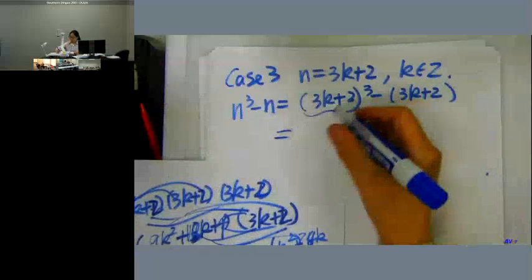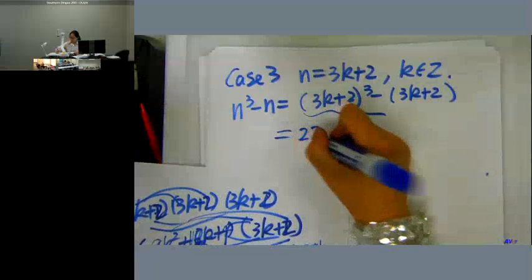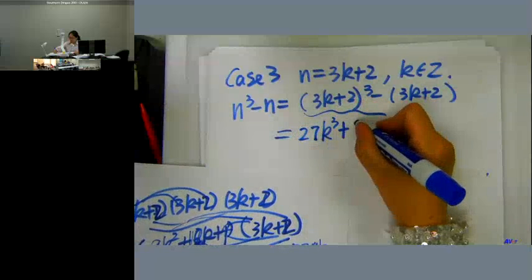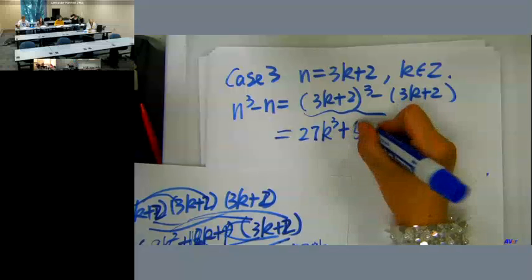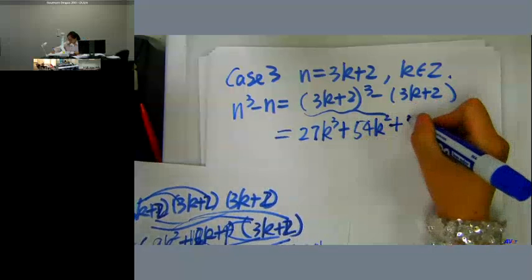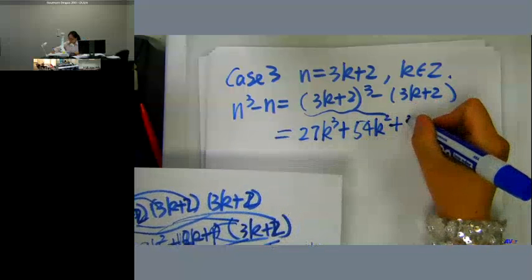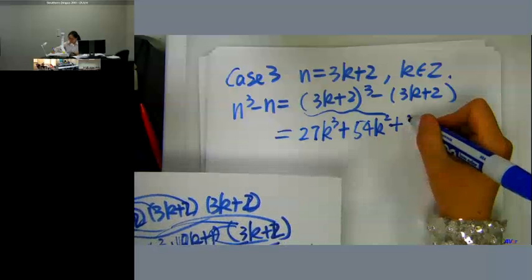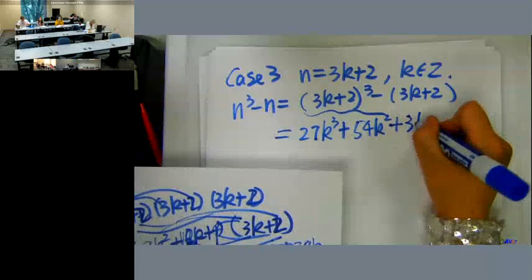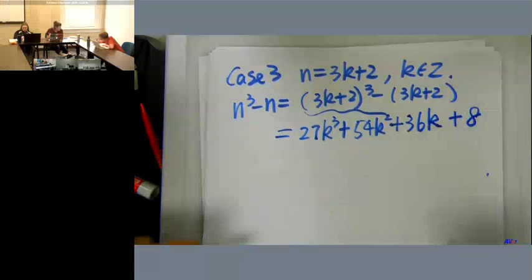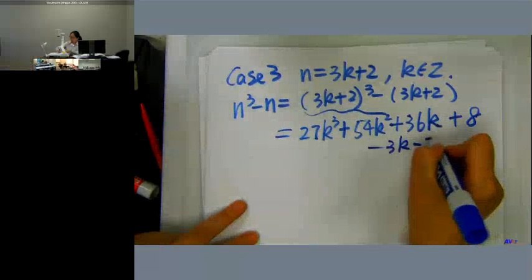If you work it out, you should get 27k cubed plus 54k squared plus, and then plus 4, and subtract the 3k minus 2.